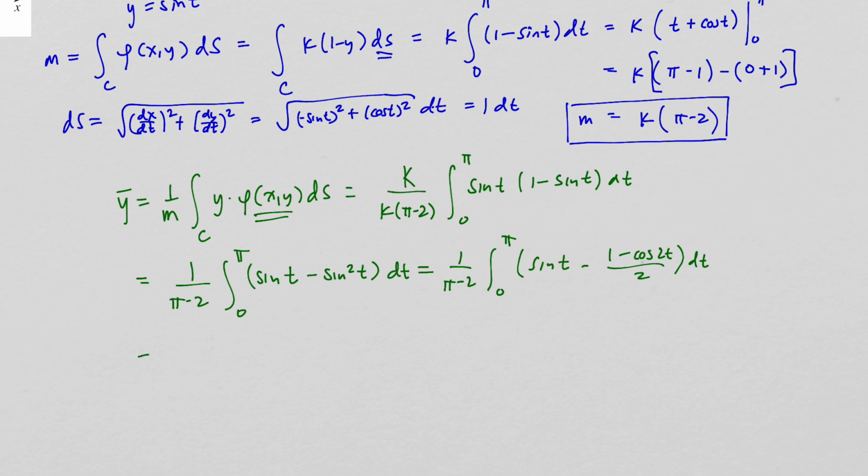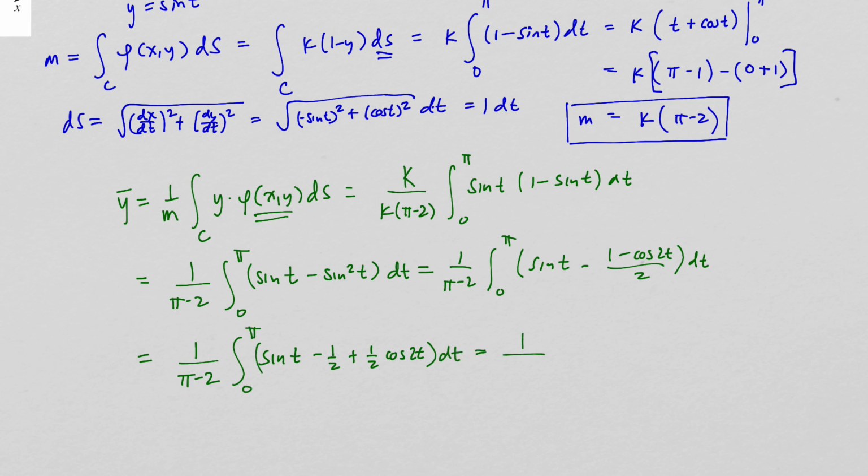So now let's just clean this up a little bit. We have 1 over pi minus 2, integral of sine of t, and then we have minus 1/2. And finally, minus is plus, and there's a 2 down here still, so that's going to be plus 1/2 cosine of 2t dt, 0 to pi.